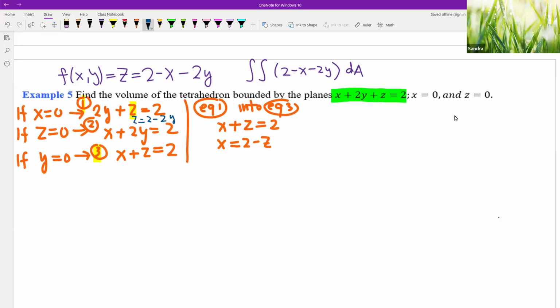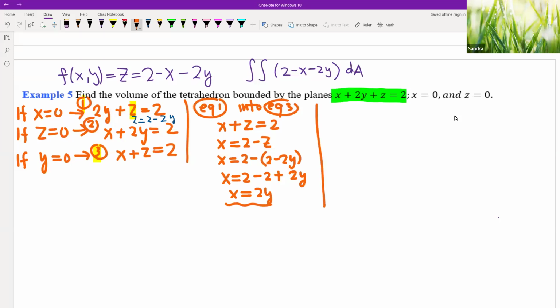Then x equals 2 minus 2 plus 2y, and so I get x equals 2y. This is one good thing because I have created one equation in terms of x and y only.